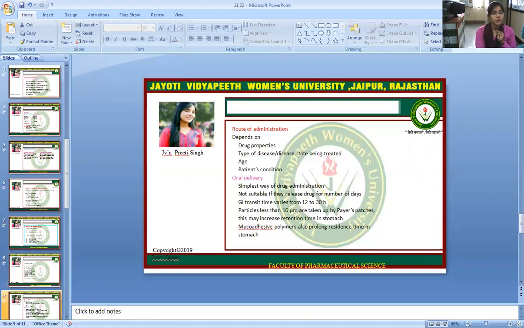So the route of administration depends on the drug properties, type of disease, disease state being treated, age, and patient conditions. Oral delivery is the simplest way of drug administration but not suitable if the drug is released over a number of days, and GI transit time varies from 12 to 30 hours.